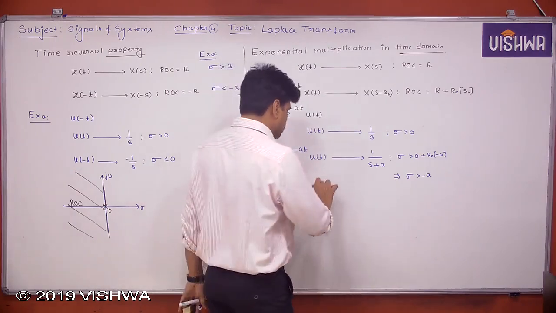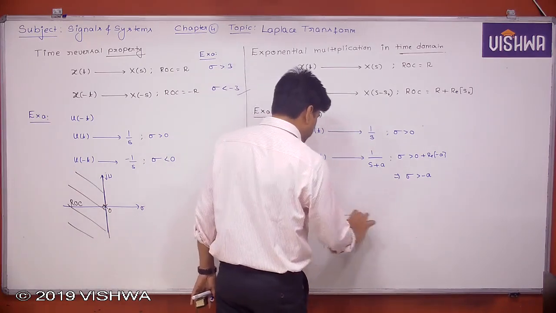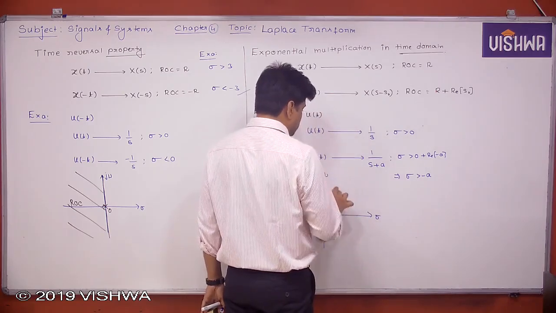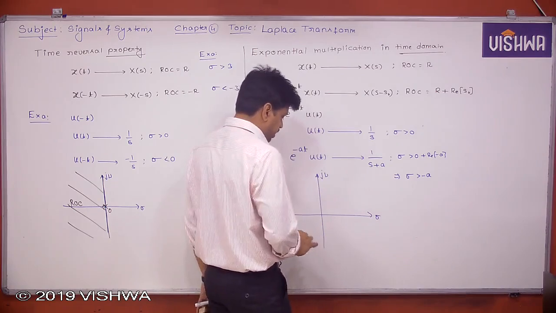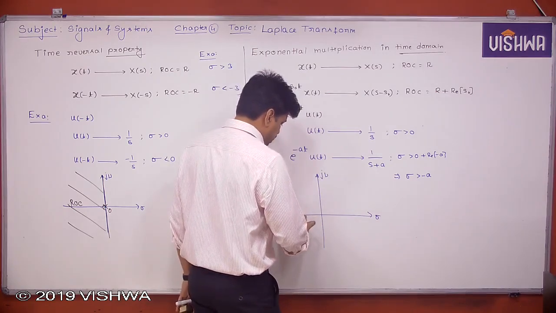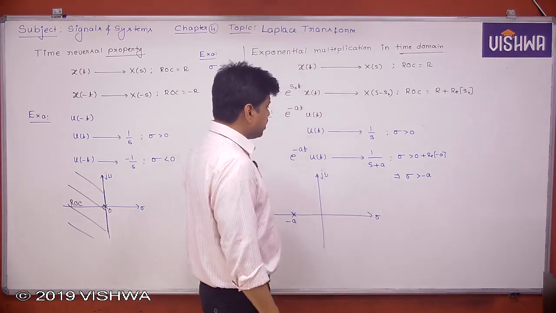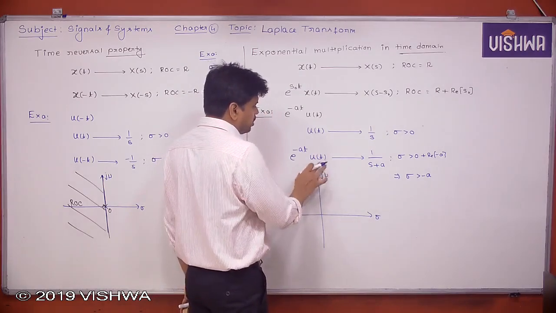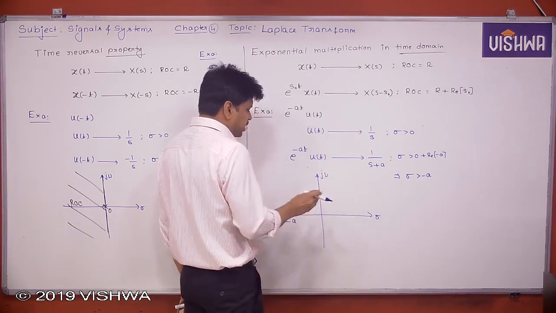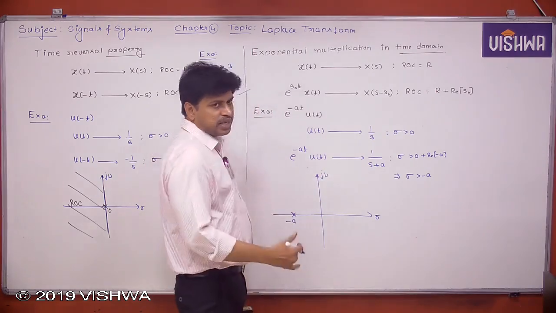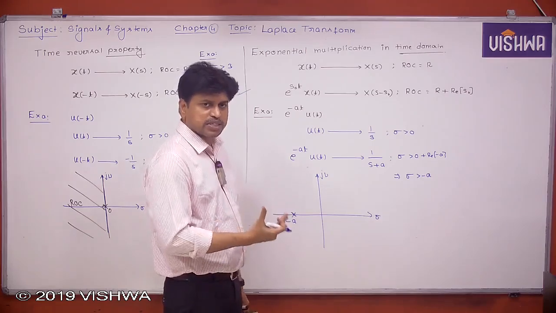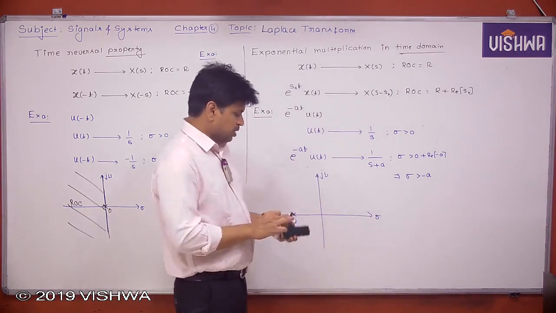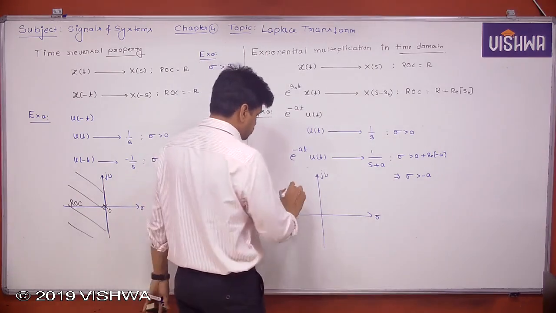Now if you see the sigma axis and j omega axis, what is the pole here? Minus a, so this is the pole, and it is a right-sided signal. Why? e power minus at u of t is a right-sided signal. For a right-sided signal, if the pole is minus a, then the ROC has to be to the right of minus a, or greater than minus a, so that is nothing but sigma greater than minus a. So this is what the ROC is.